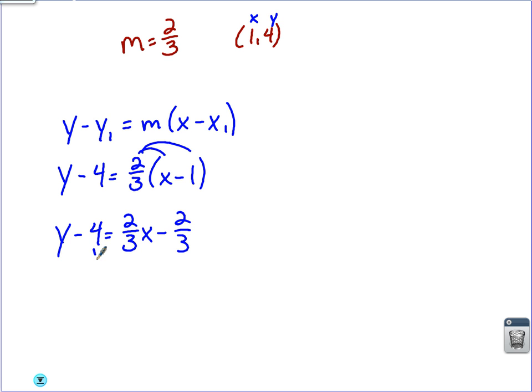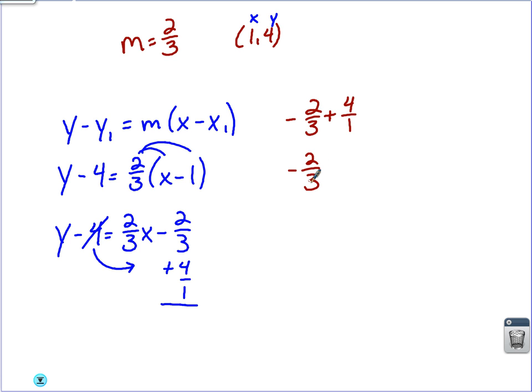In order to move 4 over, I'm going to have to do plus 4. Cancels out. And the way that I'm going to add those, I'm going to put 4 over 1 and find a common denominator. I'll come over here to the side and do a side note: negative 2/3 plus 4 over 1. Common denominator here would be 3.